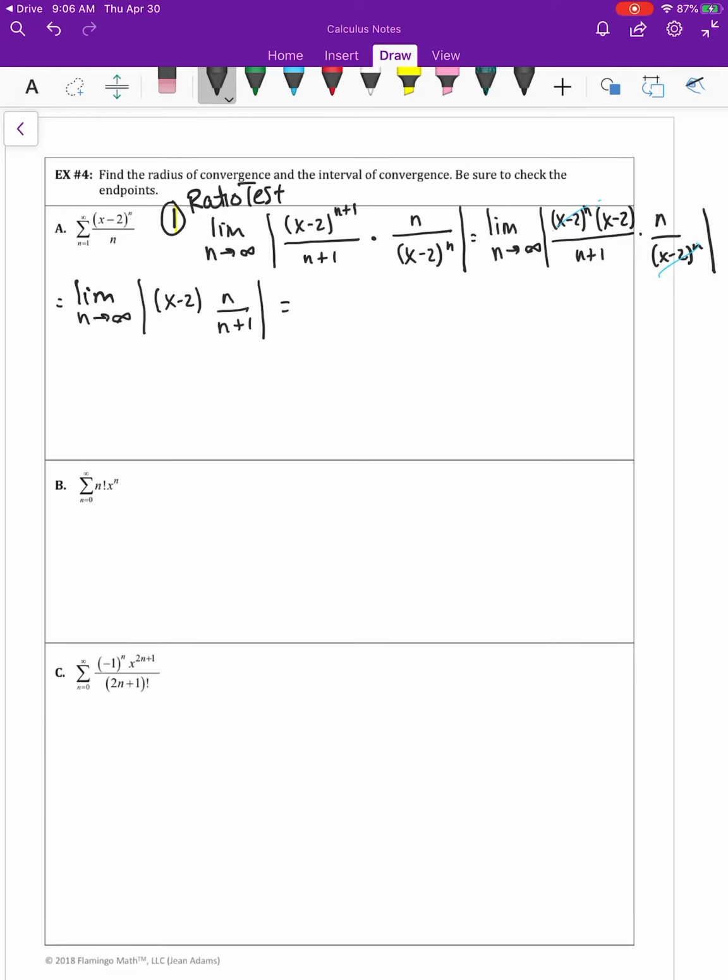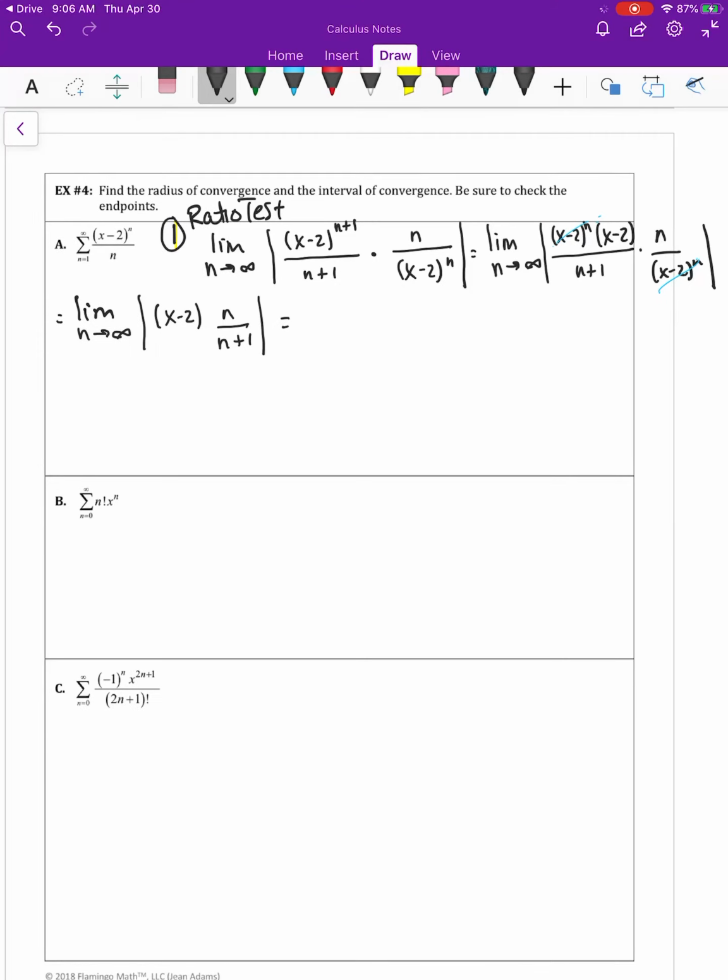This leaves us with x minus 2 times n over n plus 1. Now remember, if this part doesn't have an n in it, you can just pull it out to the front. You're really looking at what n over n plus 1 is doing, and it's going to 1. So this just leaves you with the absolute value of x minus 2.